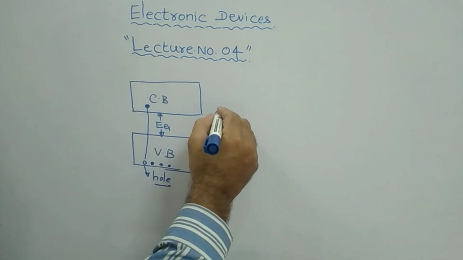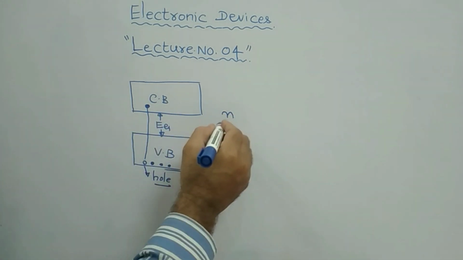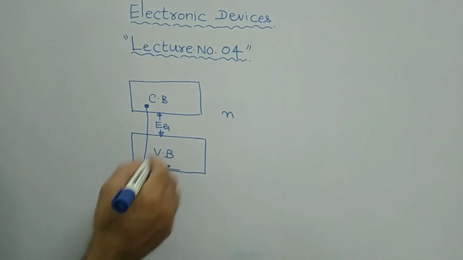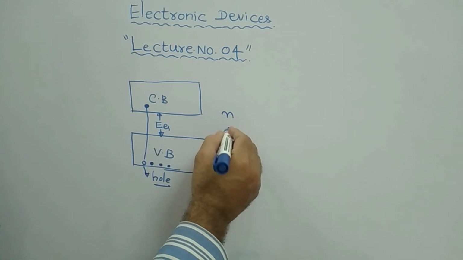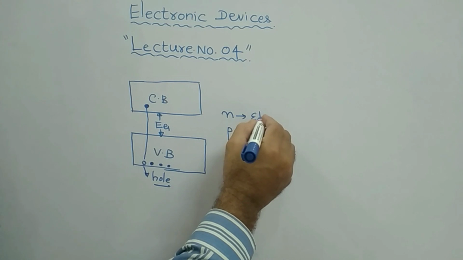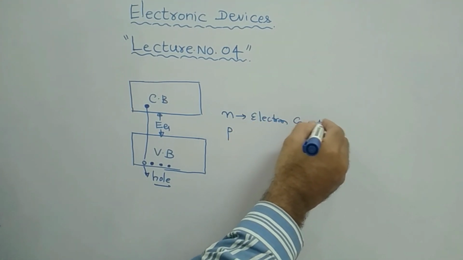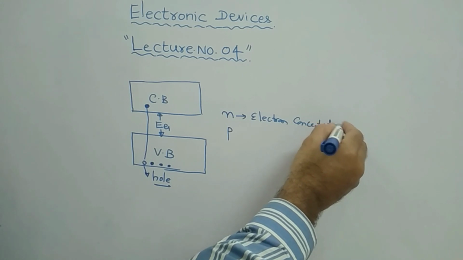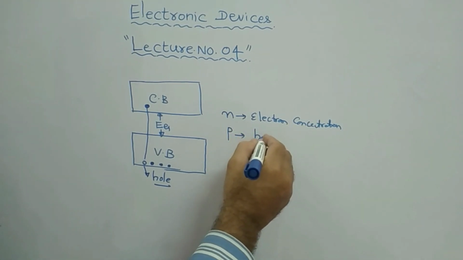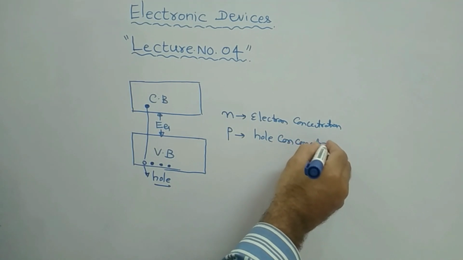As you know, the electron concentration is represented by N, and the hole concentration is represented by P.